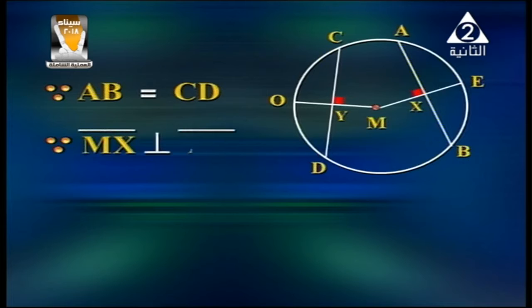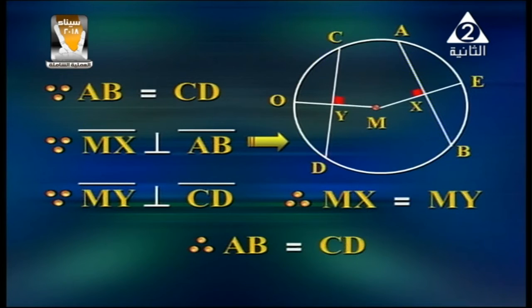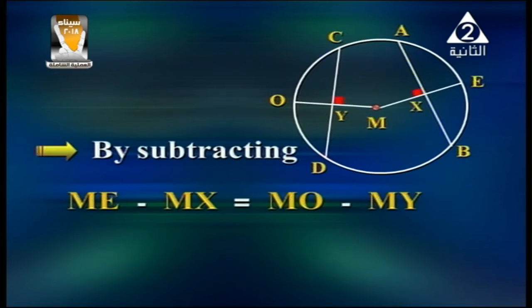First of all, since AB equals CD and MX perpendicular on AB, MY perpendicular on CD, therefore MX equals MY. And as AB equals CD, then by subtracting, you are going to notice that ME minus MX equals MO minus MY. Therefore, OY equals XE.